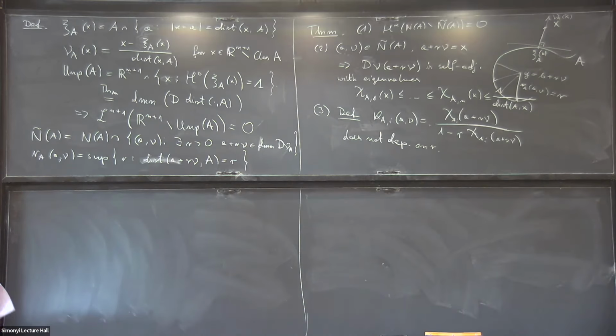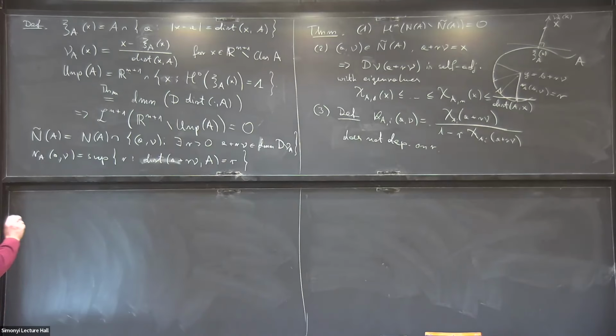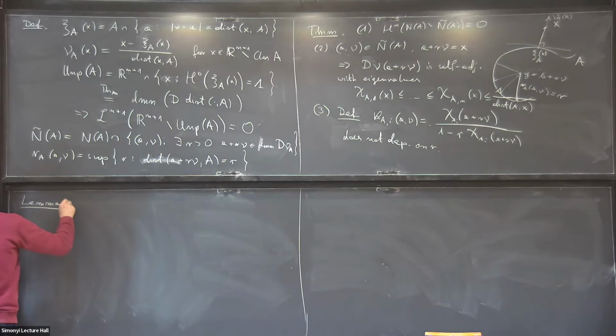Having defined all these objects, they are kind of natural, but you have to define them. Now I can describe the main steps of the proof. There are 4 steps, 4 lemmas, which give the proof of the main theorem.